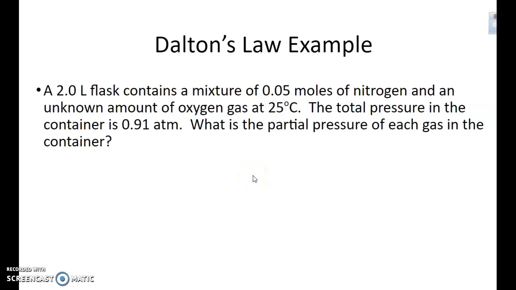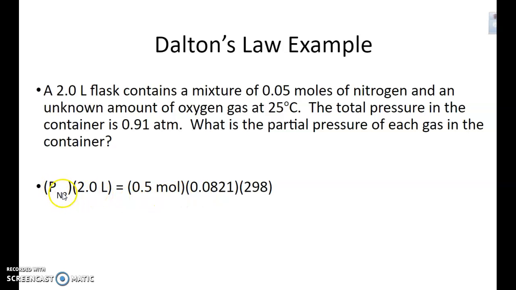Now there are a couple different ways you could do this, but I will take a look at just looking at the pressure of nitrogen because I know it's in a 2-liter container, and that 2-liter container contains both of these things. So 2 liters is the space available to the nitrogen. I have, actually that should be 0.05 times 0.081 times 298, divided by 2.